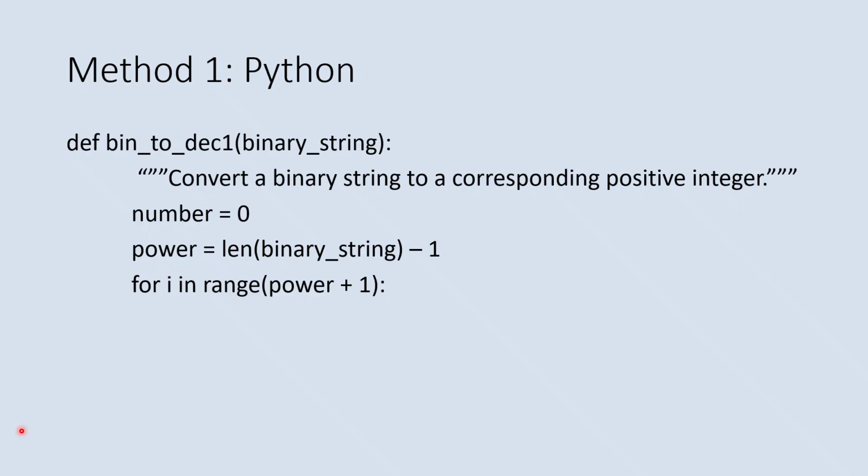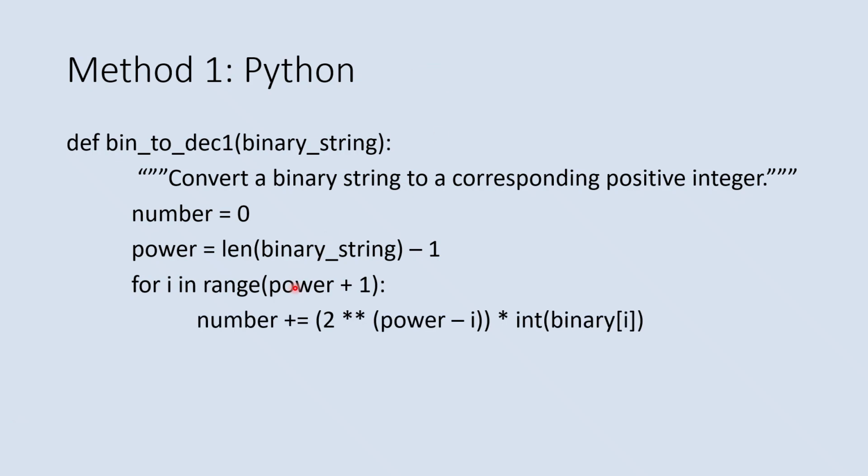There's a couple of ways we could do that, but in this case we say for i in range(power + 1). Remember, the range goes from 0 up to, but not including, the value we give it. If we just give one number, it will start at 0 and go up to, but not including, power plus 1.